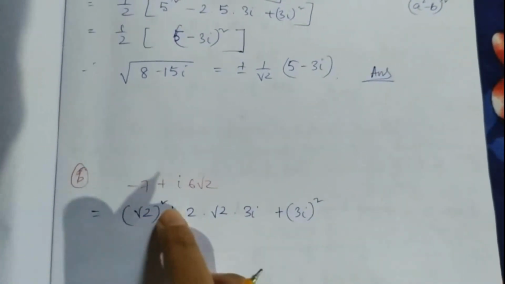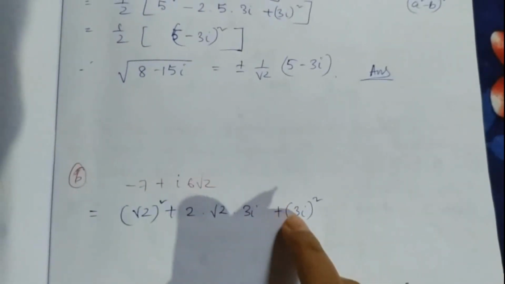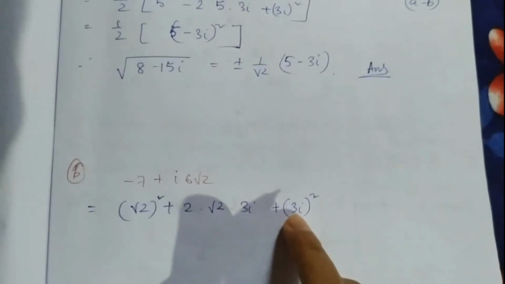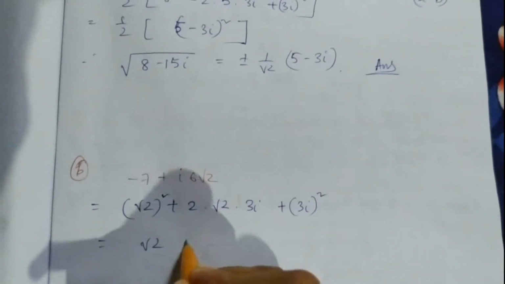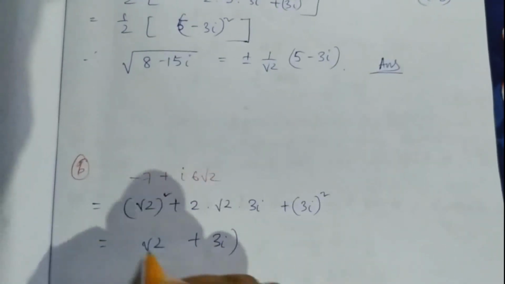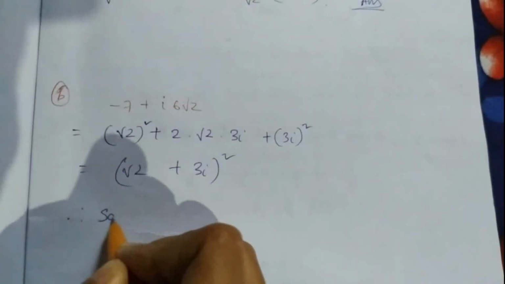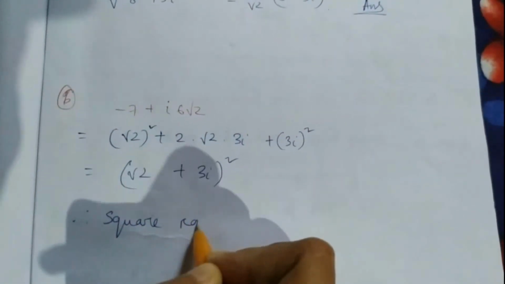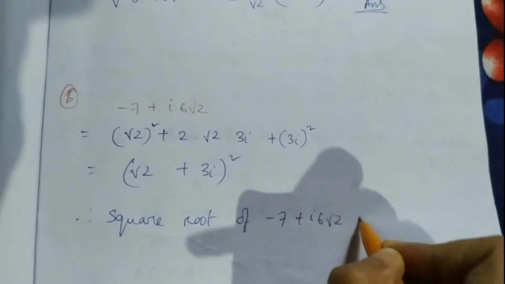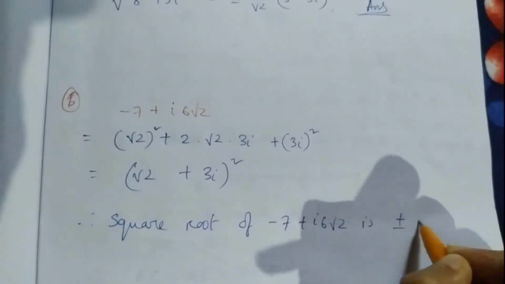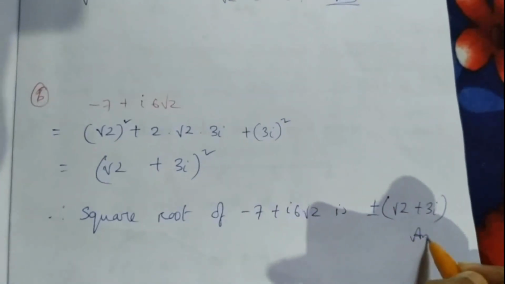Here root 2 and square will get cancelled out, so 2, and (3i) whole square is minus 9. So minus 9 plus 2 is your minus 7. So ultimately (root 2 plus 3i) whole square. Therefore the square root of minus 7 plus i 6 root 2 is plus minus (root 2 plus 3i). This is the answer.